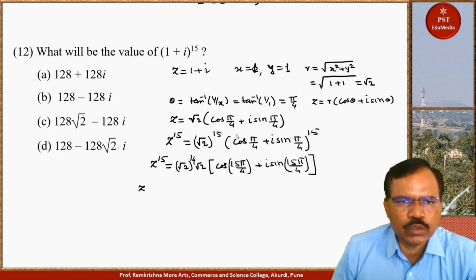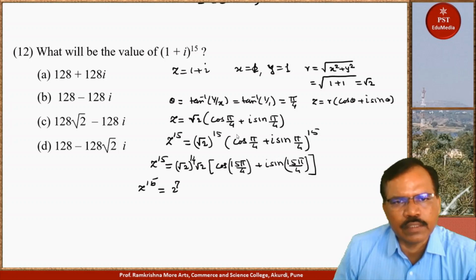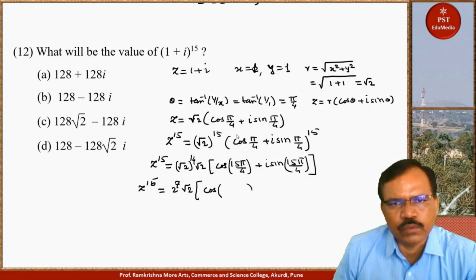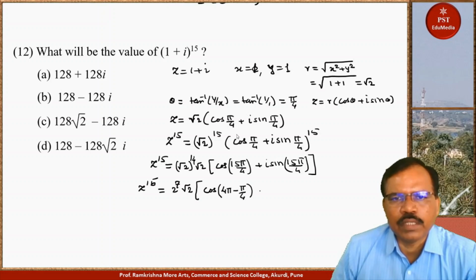So now z raised to 15 will be equal to, now this is 2 raised to 7, square root 2 raised to 14 into root 2. Now here we can write cos 4 pi minus pi by 4 plus i sin 4 pi minus pi by 4.